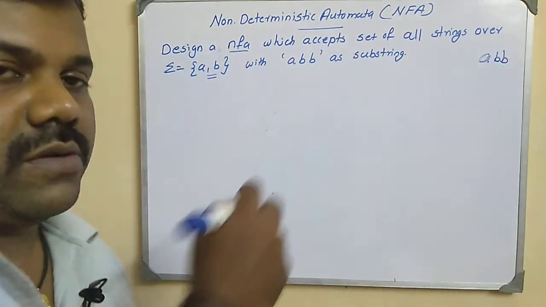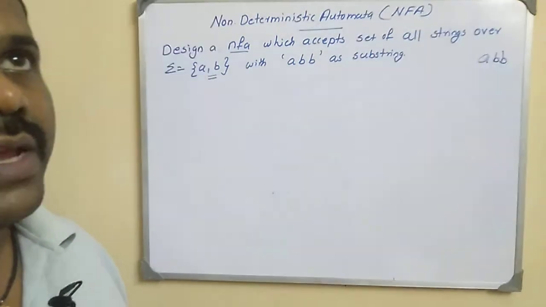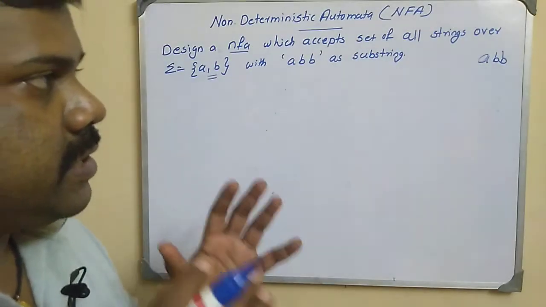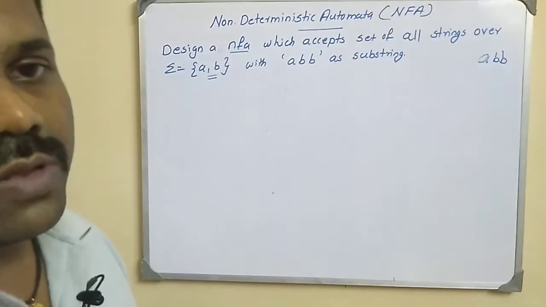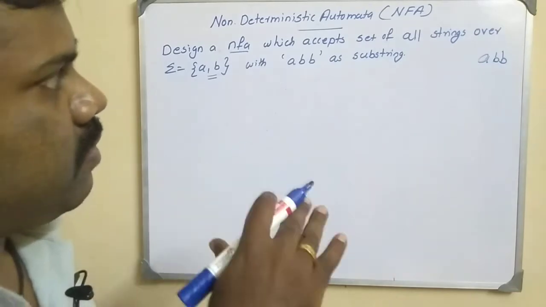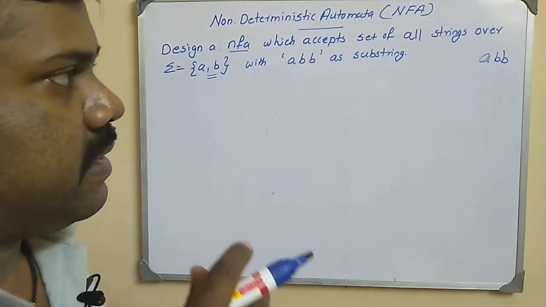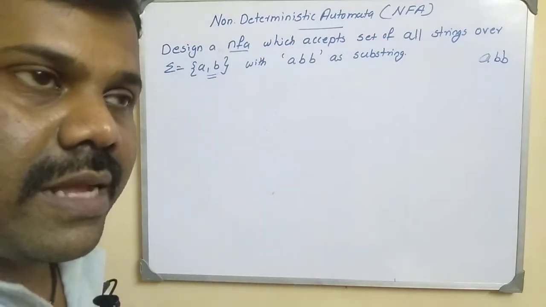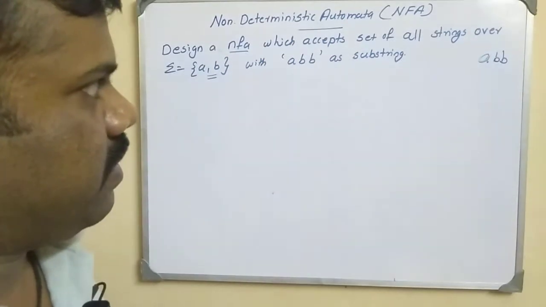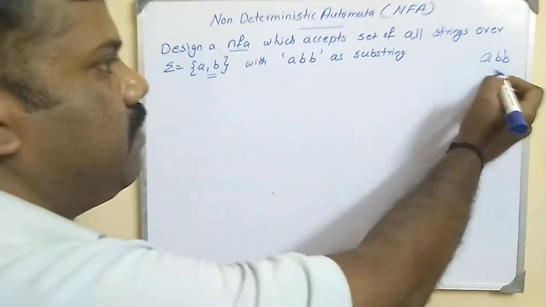So here also, while designing an NFA, it is the same as a DFA: you have to start the design with the least possible string of this particular language. From the question itself you can get the idea that every string accepted by this NFA must consist of the substring ABB.